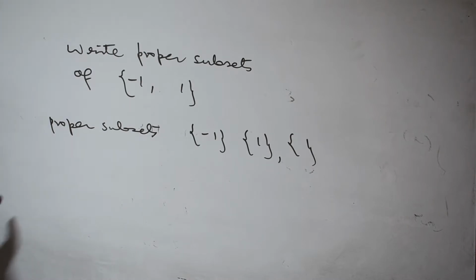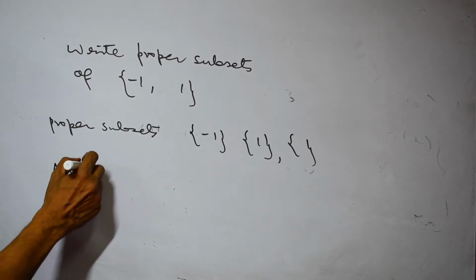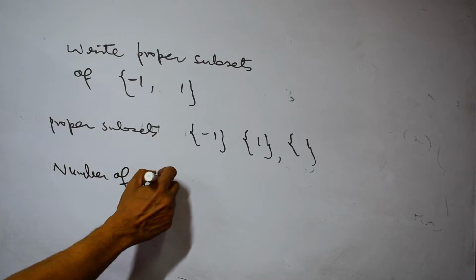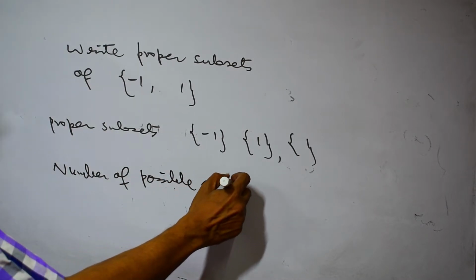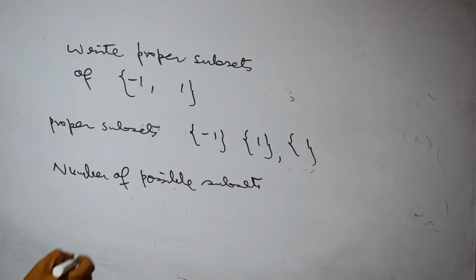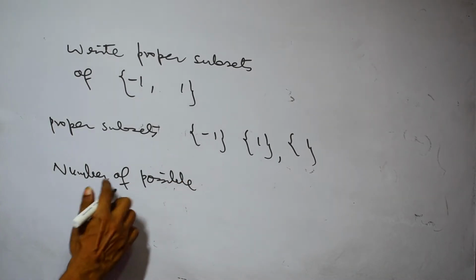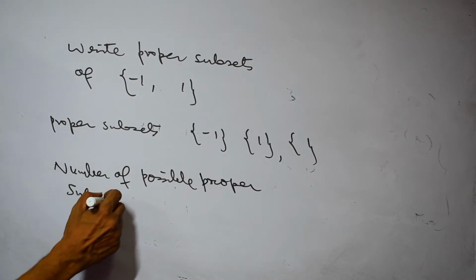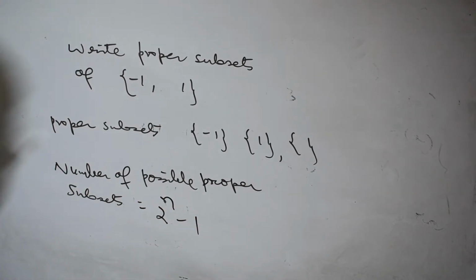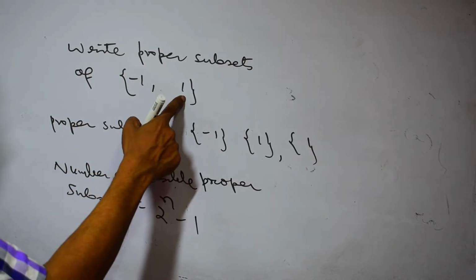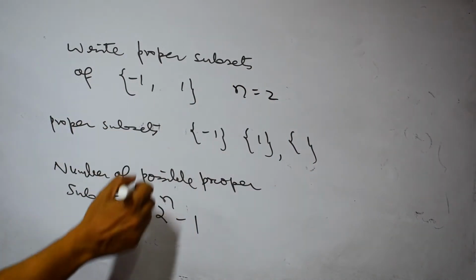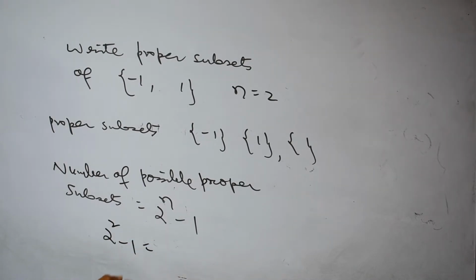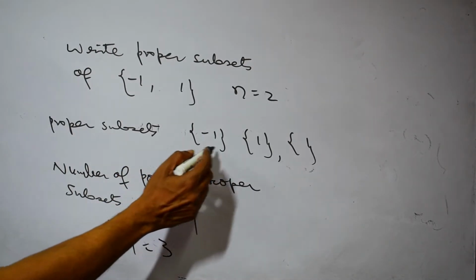So in the previous example, I have not discussed proper subsets. I have discussed the subsets, and we have taken 2 to the power n. The number of possible proper subsets will be 2 to the power n minus 1. Here n is 2 because 2 elements are present, so we have 2 to the power 2 minus 1, that is 3 proper subsets: 1, 2, 3.